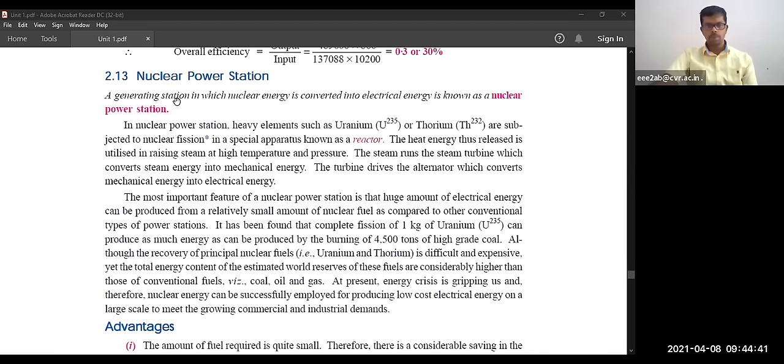What we are doing is converting nuclear energy into heat and heat into electrical energy. That is known as a nuclear power station.